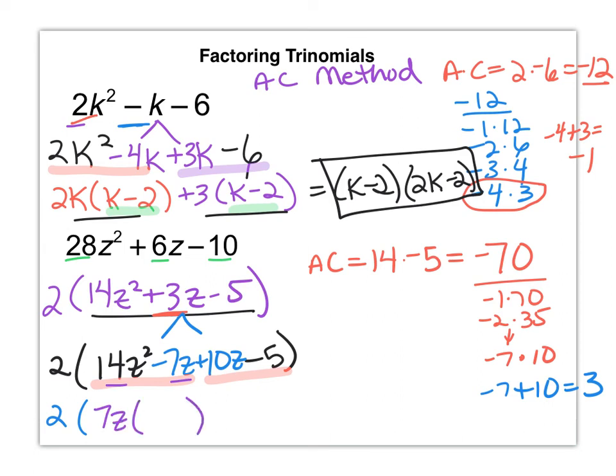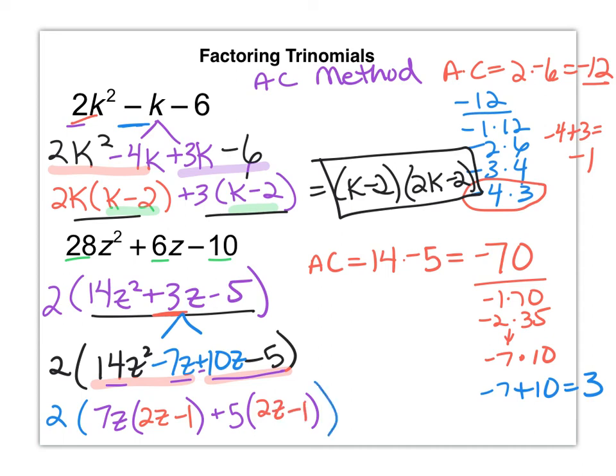When you take out the common factor of 7z by dividing by 7z, what you get here is 2z minus 1. Looking at the last two terms, it has a common factor of 5. Taking out a plus 5 there, because that sign is a plus, the remaining polynomial there, 10z divided by 5 is 2z, and 5 divided by 5 is 1.